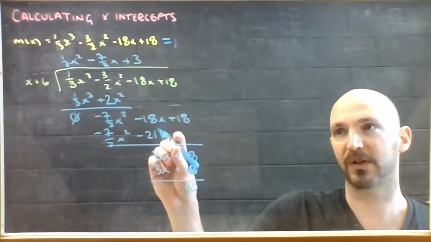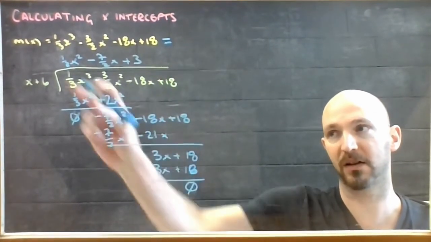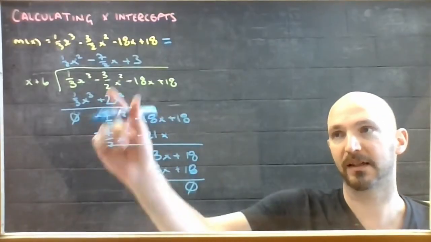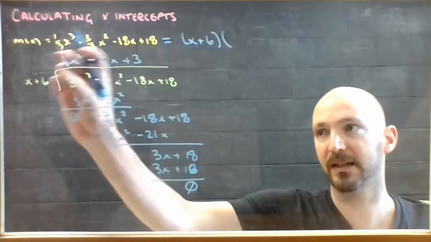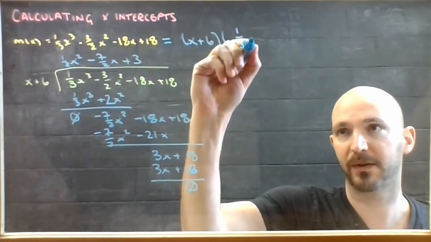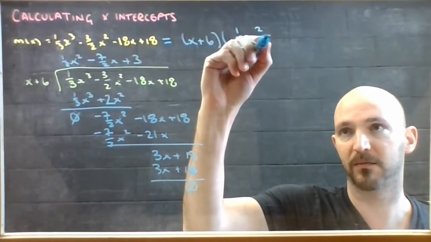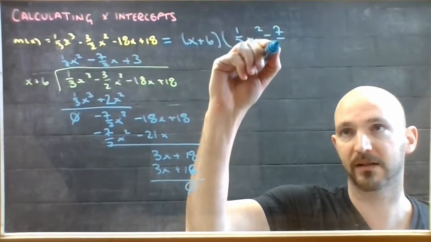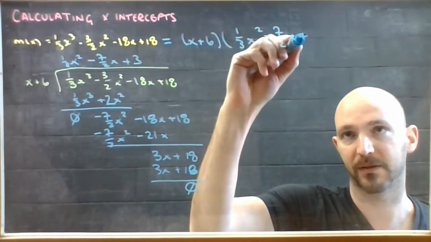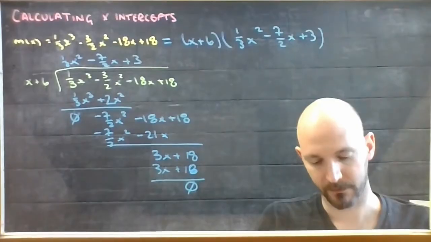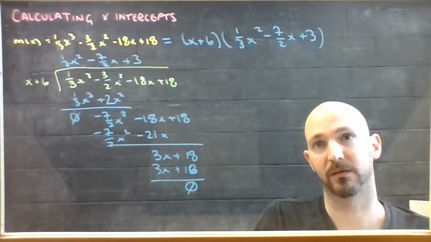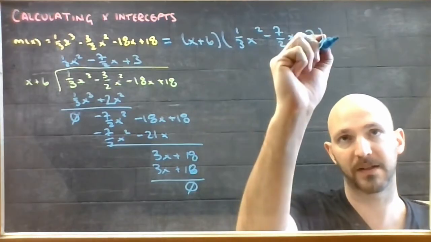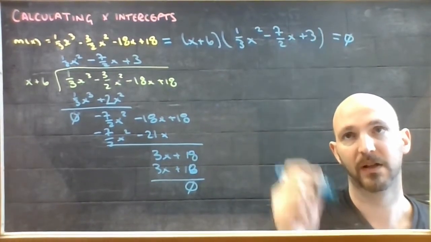So what I've just figured out is that this big, long, obnoxious cubic is the same as x plus 6 multiplied by this thing up here: 1/3 x squared minus 7/2 x plus 3. So I have this part as a quadratic, right? And this whole thing is supposed to be equal to 0.